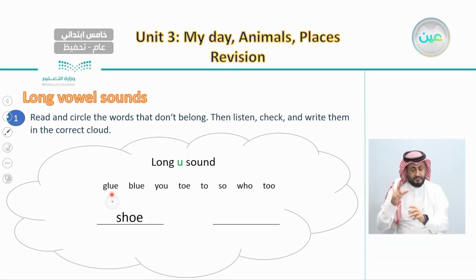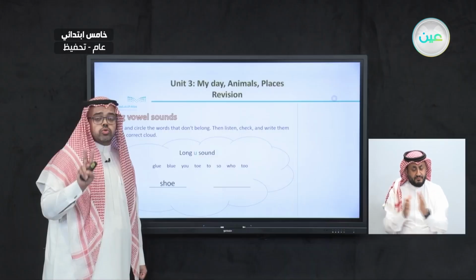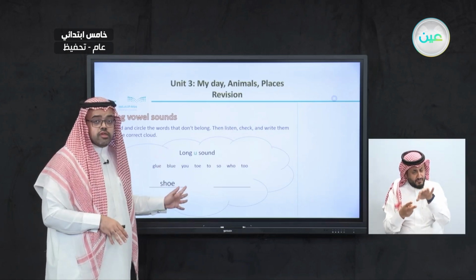The first one is glue, blue, you, toe, to, so, who, and to. So here, in the long U sound, we have 2 words that do not belong to this sound.